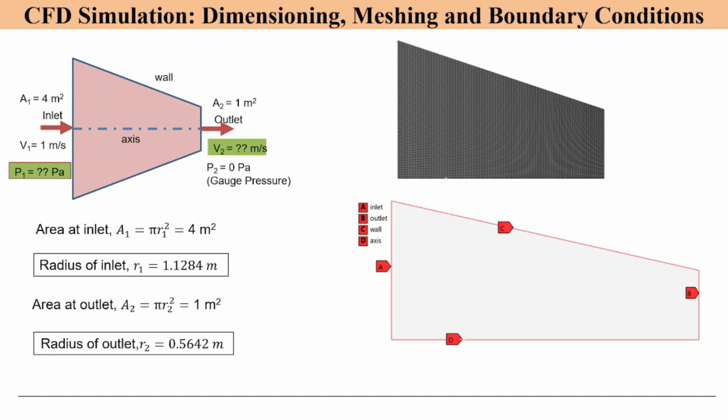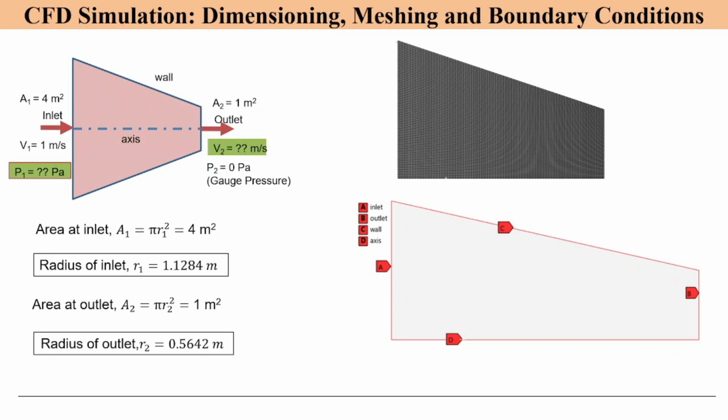If I want to go for the axisymmetry option, it is because the contours or the effect of the flow which I can observe above the axis will be the same for the area below the axis. So that's why instead of going for this complete section, I will go for the half section of this particular converging section.